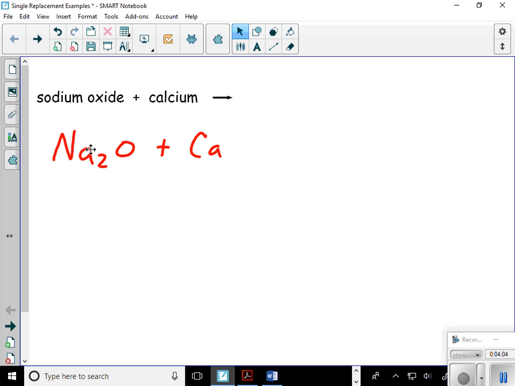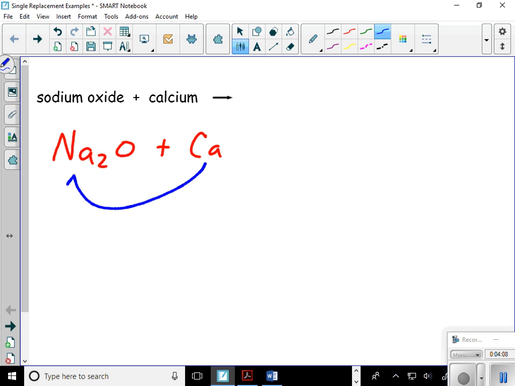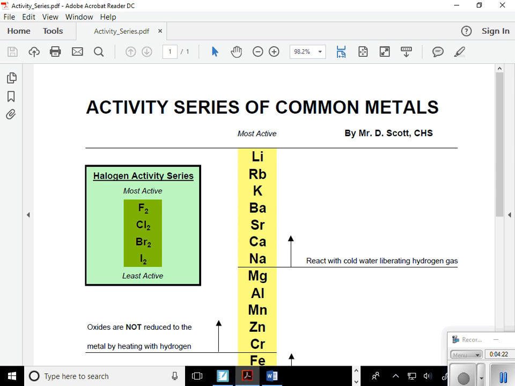I need to look to see if calcium is strong enough, if calcium is active enough to replace sodium. So, I click over to my activity series. I need to find calcium. I need to find sodium. Correct?